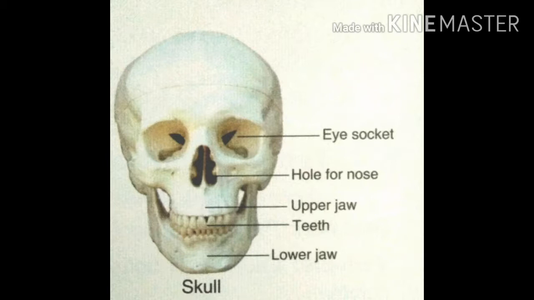Student, in newborn babies, some of the bones in the head are not fully formed and not joined together. That is the reason the top of the head of newborn babies is very soft.